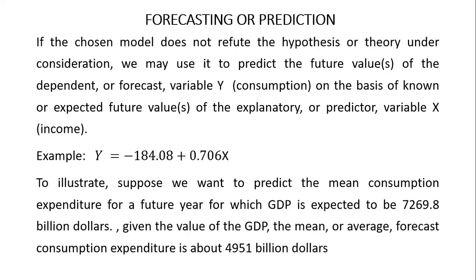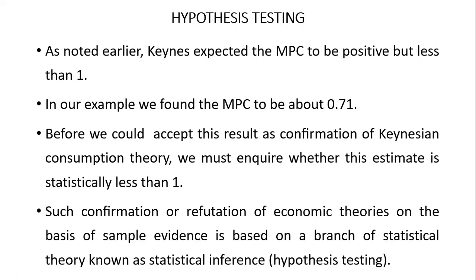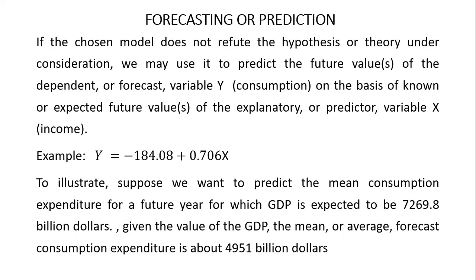The next step is to forecast or make prediction. That is, if the chosen model does not refute the hypothesis or theory under consideration, like if our model has passed the necessary hypothesis tests, we may use it to predict the future values of the dependent variable.